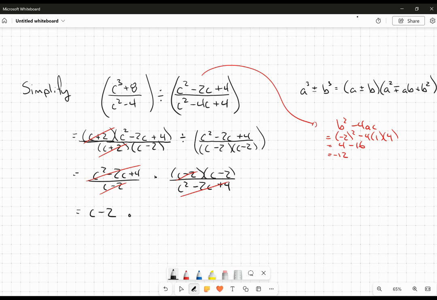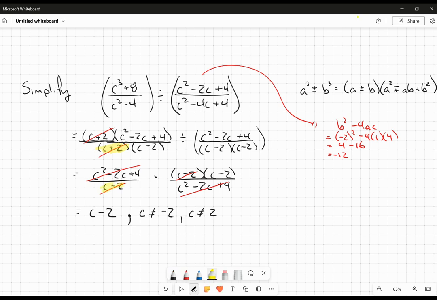But I do need to state the non-permissibles that have popped up here. I canceled out a c plus 2 in a denominator, so I know that c can't equal negative 2. If it does, it causes this to go to 0, which makes it undefined. I also know that when I canceled that c minus 2, c can't equal positive 2.